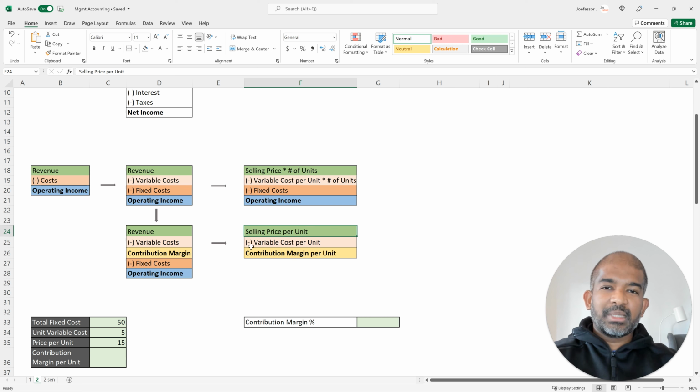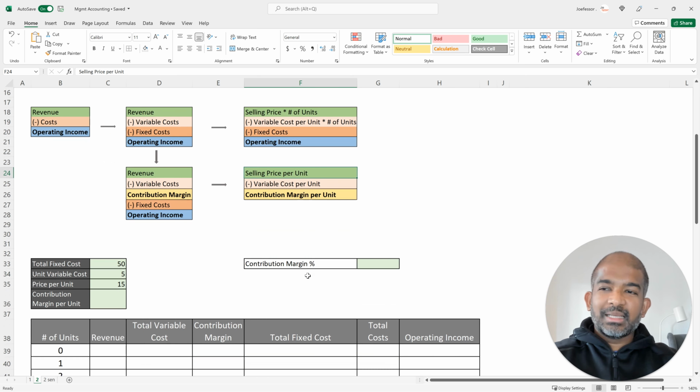Okay, you deduct from that the variable cost of one unit. You get the contribution margin per unit. Okay, why the name contribution margin? For every unit you produce and sell, contribution margin is the amount of profit that is contributed to recovering your fixed costs. To understand this better, we are going to look at a numerical example here.